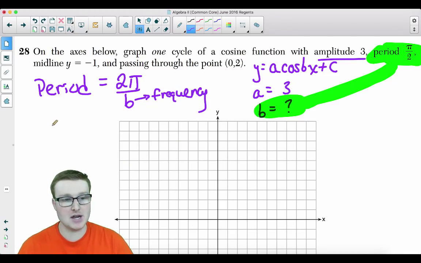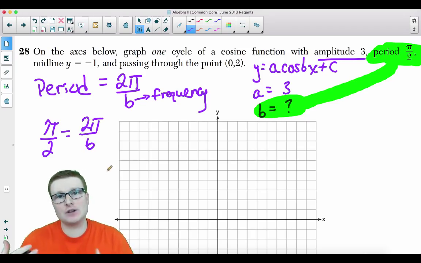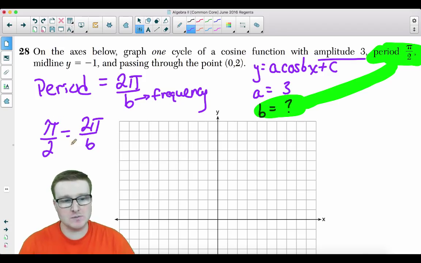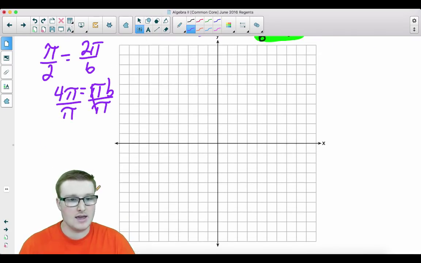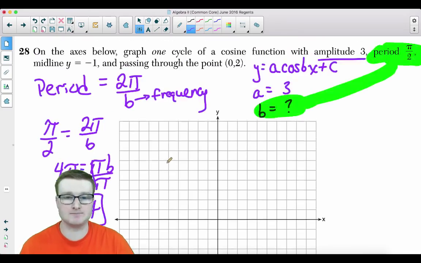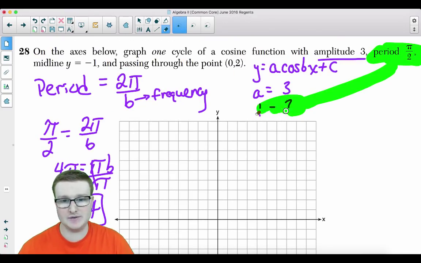So they tell you that the period is pi over 2. So we could take pi over 2, set it equal to 2 pi over b, and solve for the frequency that way. When you cross multiply, you get 4 pi equals pi b. Divide by pi to solve for b, and you get b is equal to 4. Ladies and gentlemen, that is the frequency. So we actually just found it.